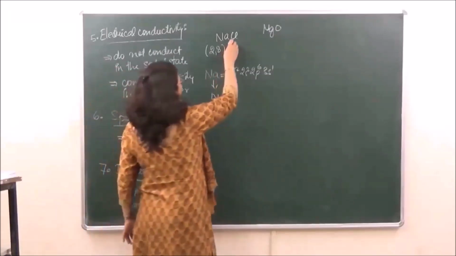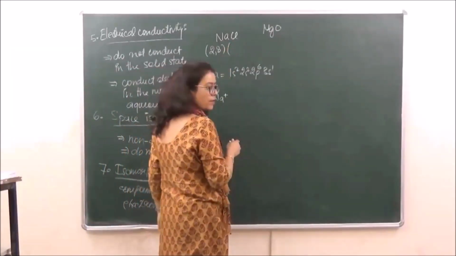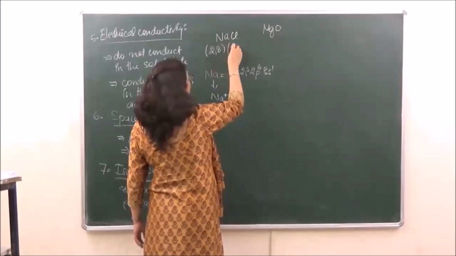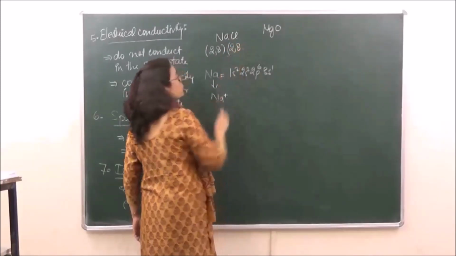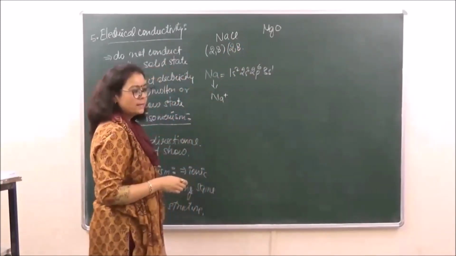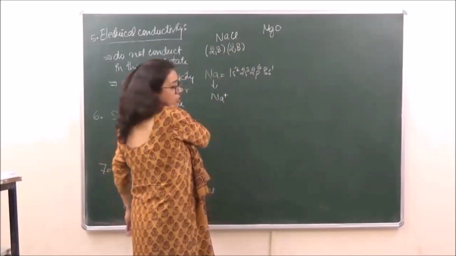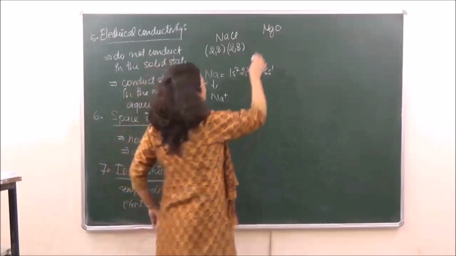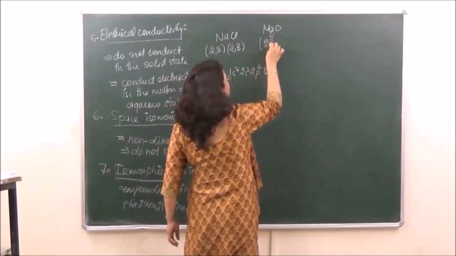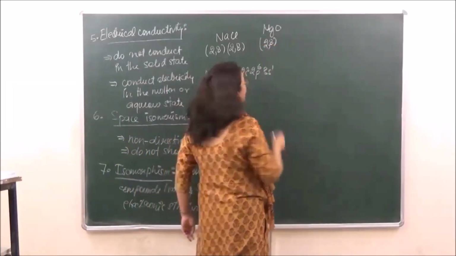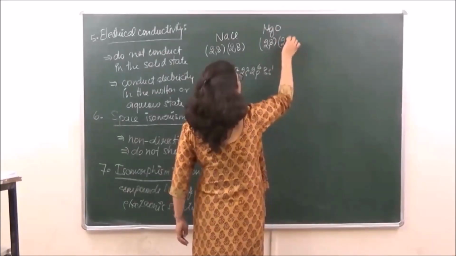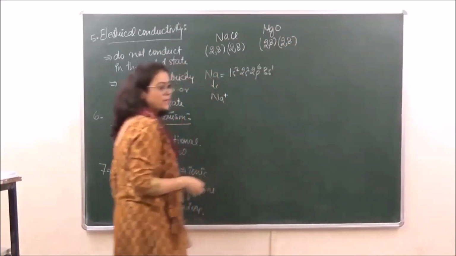Similarly, the electronic configuration of chlorine ion is also going to be 2,8 in the outermost shell. Then magnesium ion also has the electronic configuration 2,8, and oxygen ion also has 2,8.